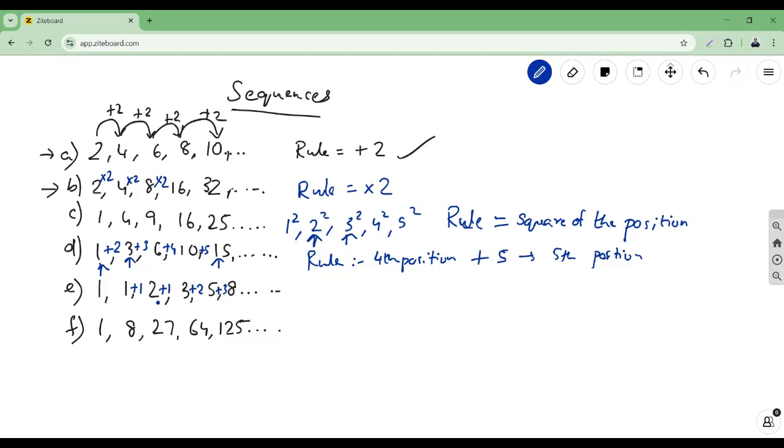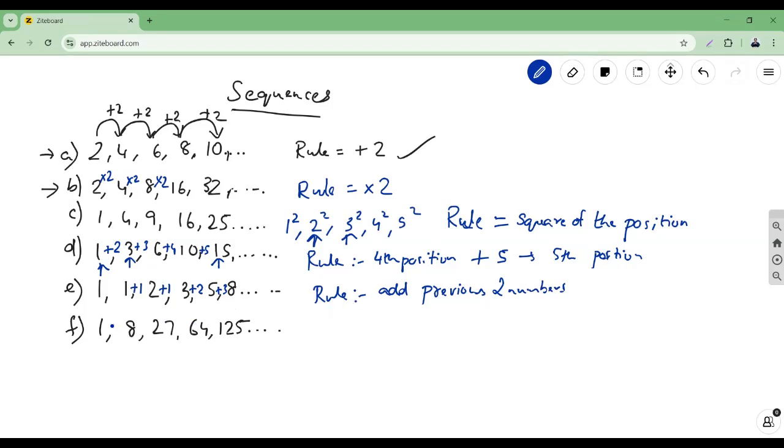There is a 1, 1, 2, 3, 5, 8. See the blue color? 1, 1, 2, 3. Oh, means add the previous two numbers. Rule is add previous two numbers. Then I'll get the next number. Okay, that is a way.